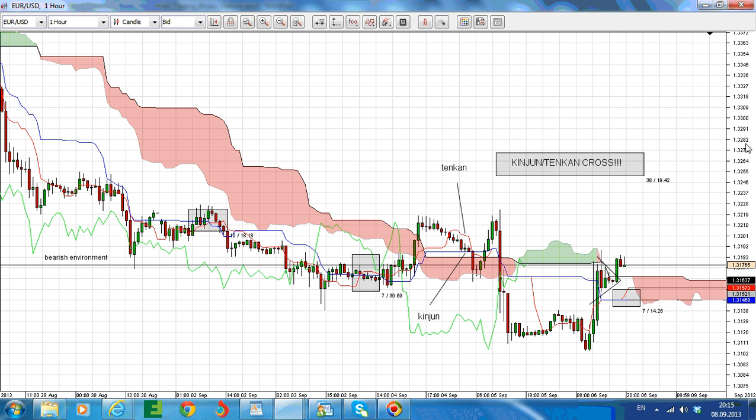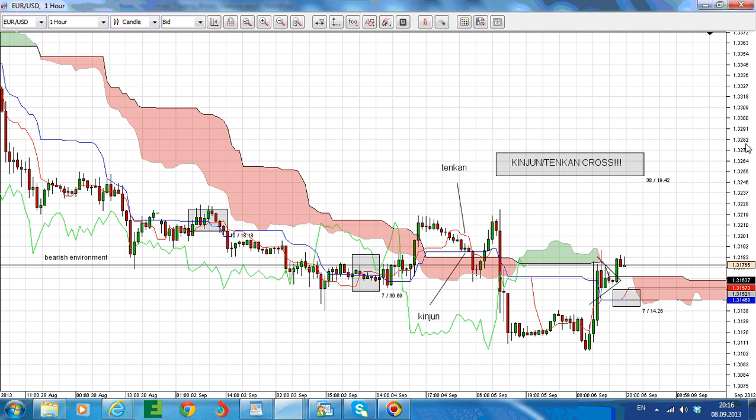And the first thing, it is impossible for price to go to the upside without making a cross between the Tenkan and the Kinjun line, because the Tenkan is the line that takes into consideration only 9 periods, only 9 candles worth of data. It is logical that when compared with 26 periods like the Kinjun, the Tenkan will move faster to changing market conditions.